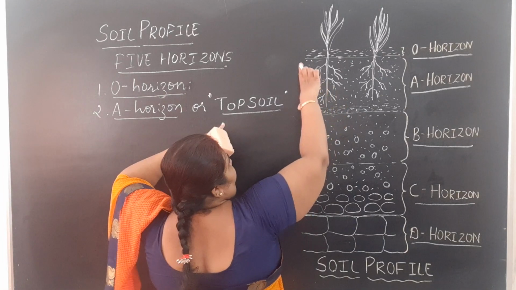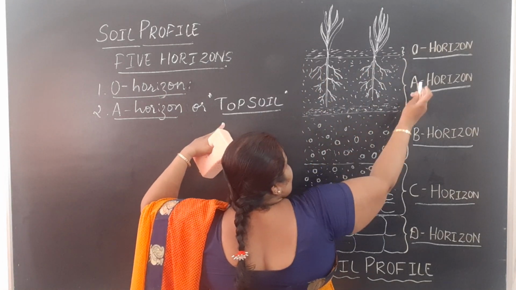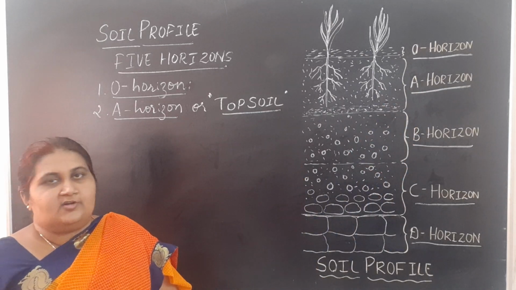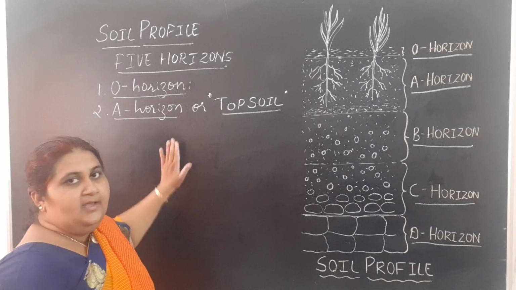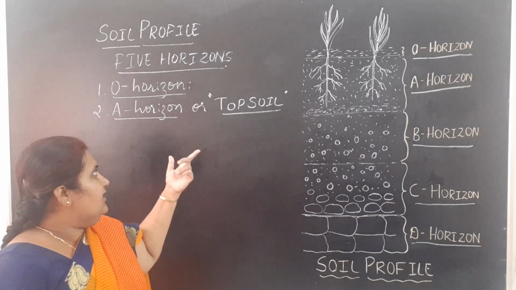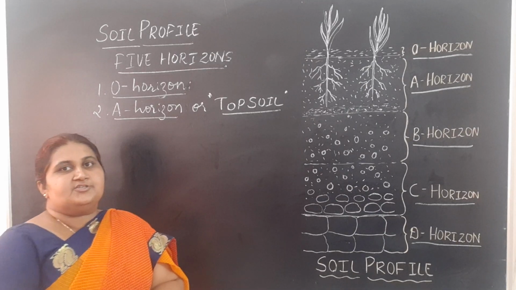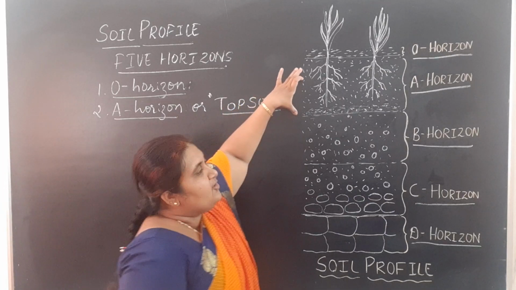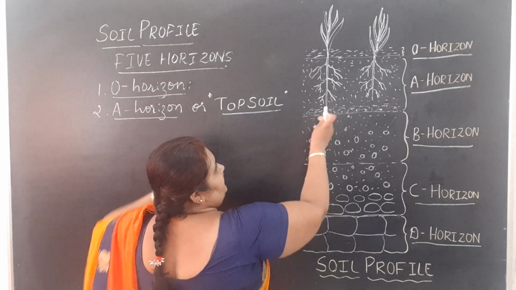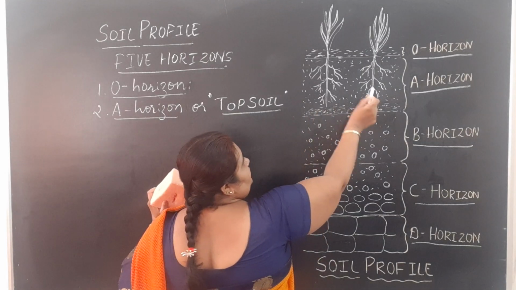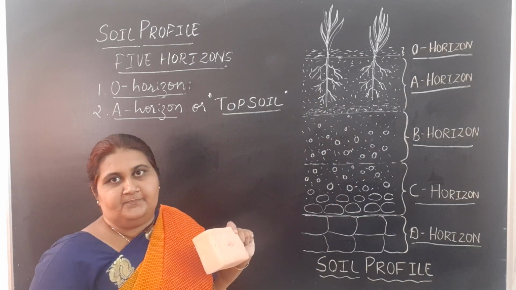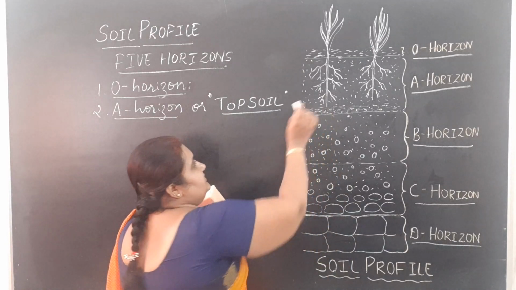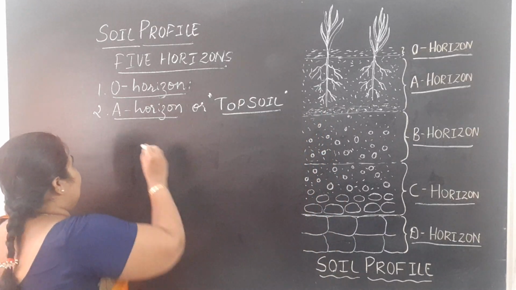This complete part is called the A horizon. What can we find in the A horizon? In this horizon, plant roots are found. In which horizon? It is the A horizon.